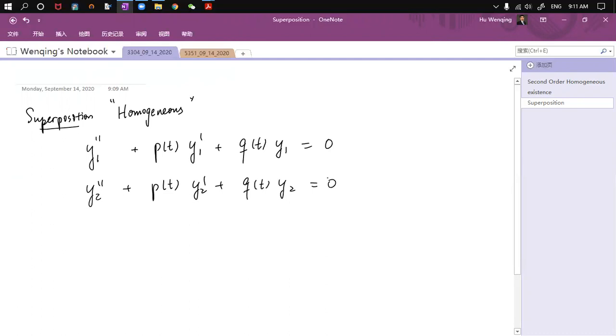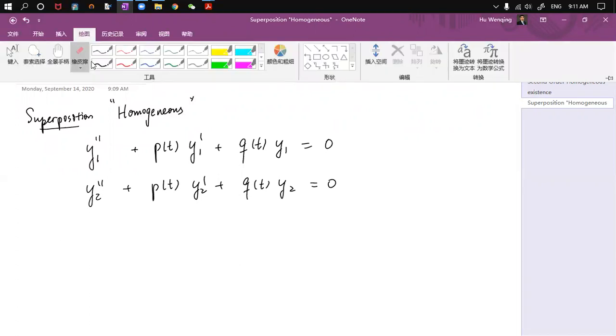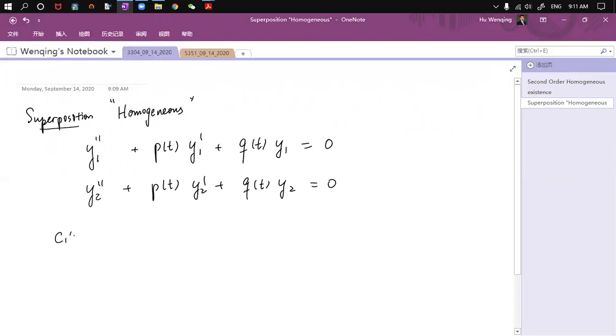So you have two solutions of the same homogeneous equation. Because the equation is homogeneous, we can say that, for example, using the term c1, you can easily see that c1 y1 plus c2 y2, right?